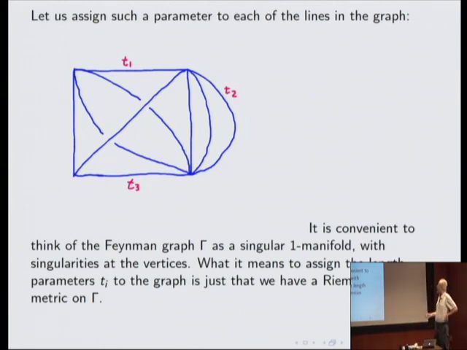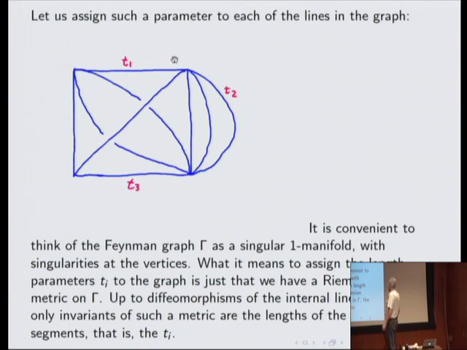So when you look at the Feynman graph labeled by the Schwinger parameters, you're seeing a Riemannian graph, a singular 1 manifold with a Riemannian metric, given up to diffeomorphisms. Up to diffeomorphisms of the internal lines, the only invariants of the metric are the lengths of the line segments, which are the Schwinger parameters t_i.